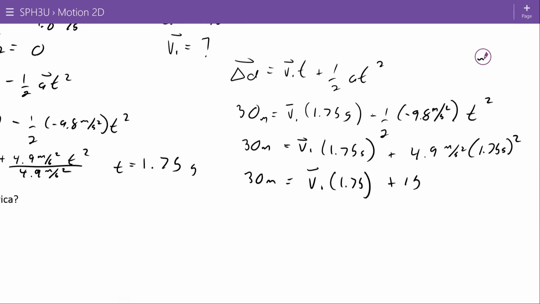Sorry, that should be a plus 1/2 A T squared, which would have made that a minus 4.9 meters per second squared times 1.75 squared, and that a minus 15 meters. So then when that comes over to the other side of the equation, 30 plus 15 is 45 meters.